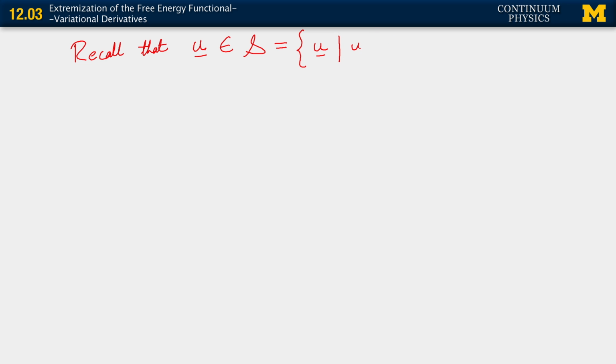u of x, t equals u bar of x, t, on the displacement boundary. u bar is just our displacement boundary function.